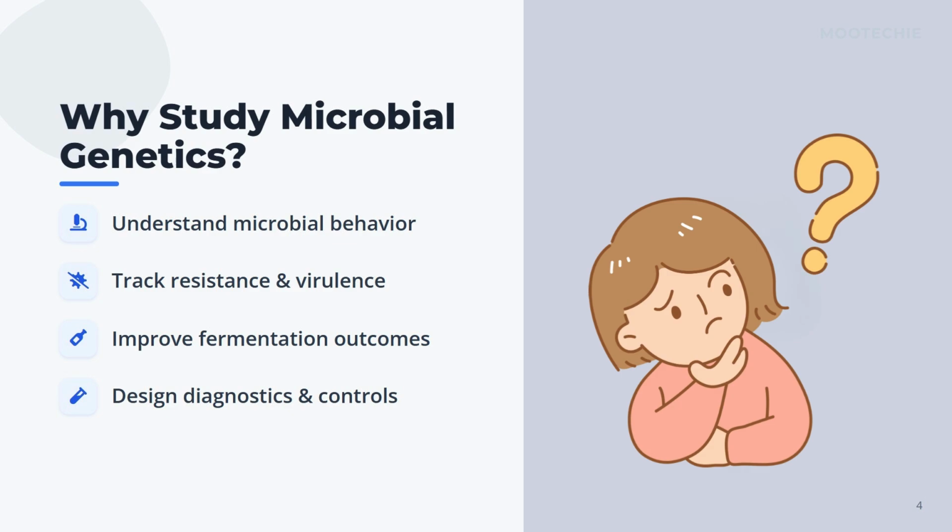To improve fermentation outcomes. In industries like dairy and brewing, selecting the right microbial strains genetically ensures product consistency, flavor, and safety. And to design diagnostics and controls. Genetic knowledge enables us to create precise tests for pathogens and develop targeted strategies to inhibit harmful microbes.